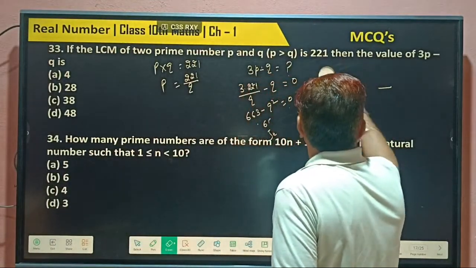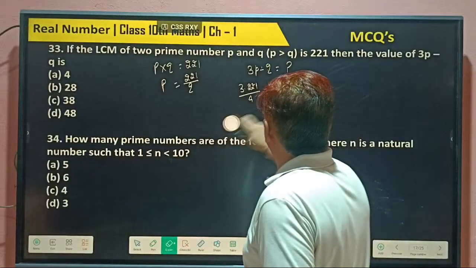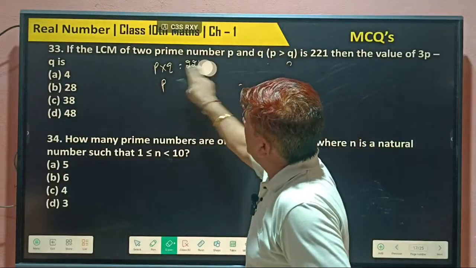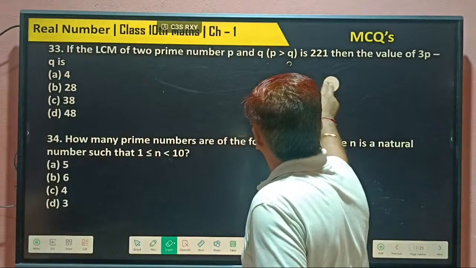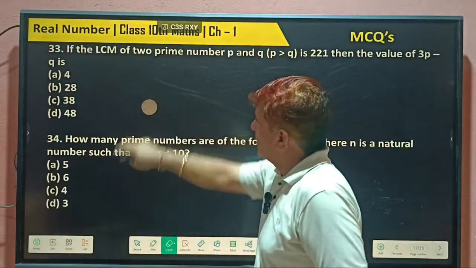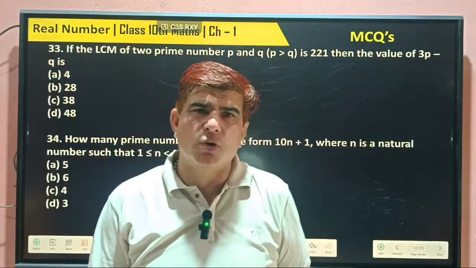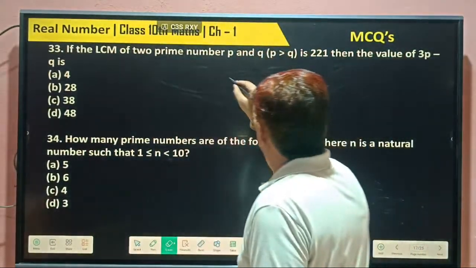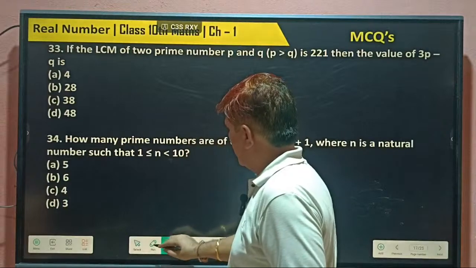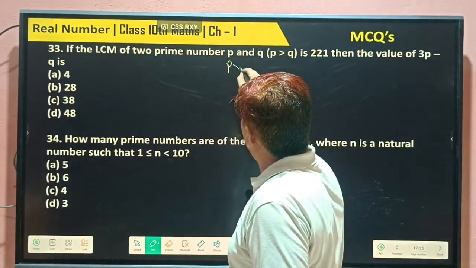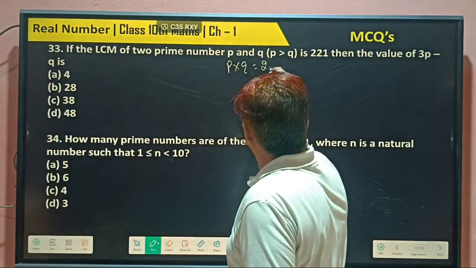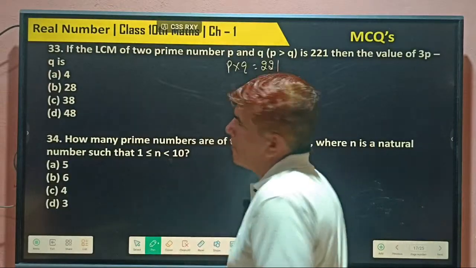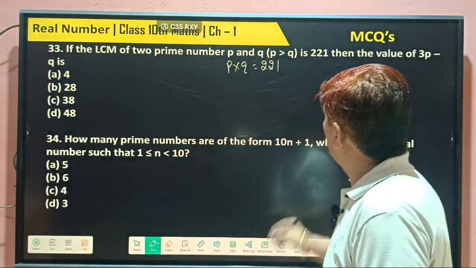So what's it saying? If the LCM of two prime numbers, meaning if they are prime numbers, nothing is common between them. So their LCM is P into Q, equal to 221. Understood? And what we have to find out?